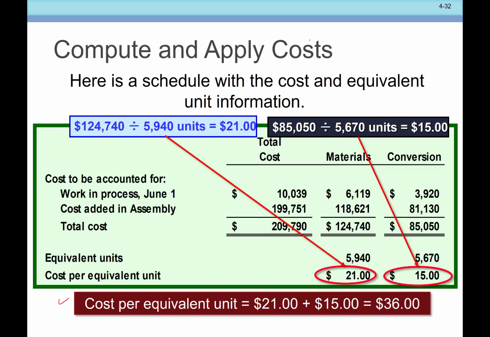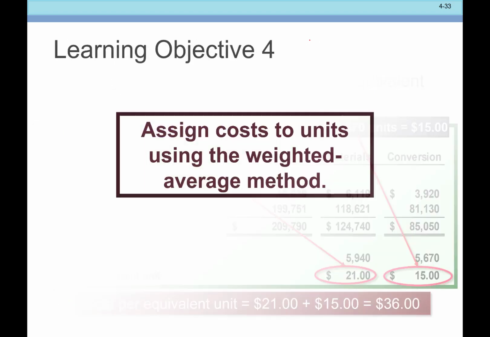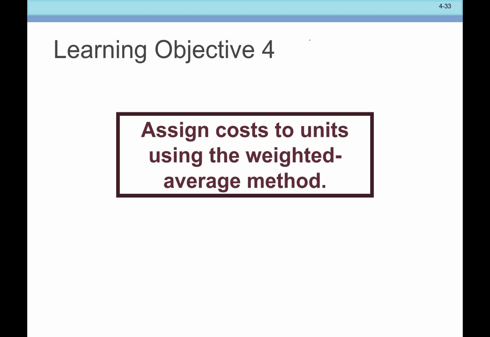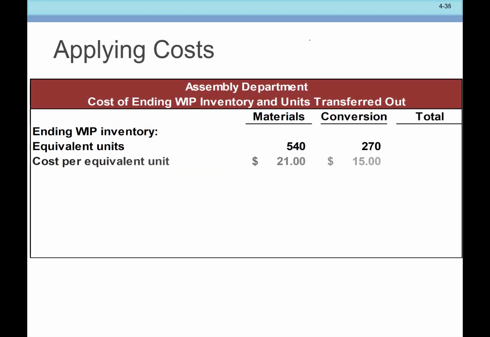We really care about what? These two separate items, because we're going to have to track our conversion costs separately from our material cost. Okay? Okay, good. So you come over, and now we assign the cost, and we do it for our cost per unit for materials, our cost per unit for our conversion, for our ending inventory.